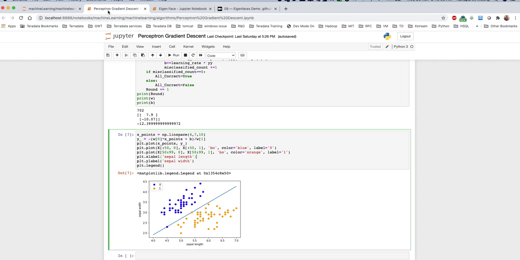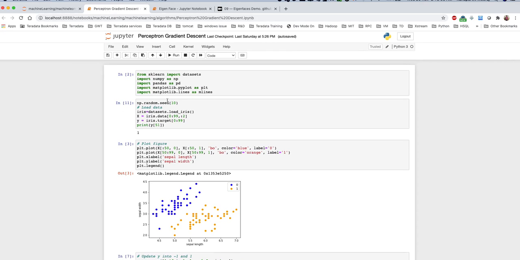Here, in the Perceptron algorithm, you can see I have loaded the libraries, and I am using sklearn. In sklearn you can see I have loaded the iris data. I am dividing the iris data into x and y.